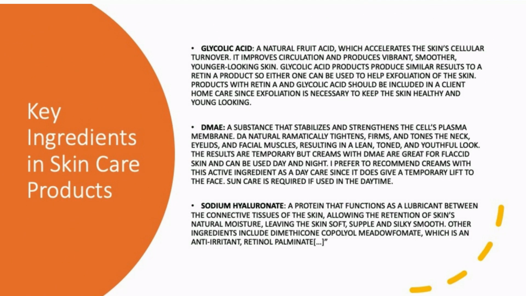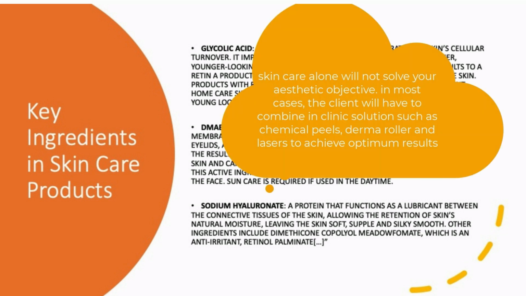The key ingredients discussed so far are the major ingredients used as standalone ingredients or in combination with other key ingredients to create a stellar product which will improve most cosmetic skin problems. I must point out though that skincare product alone cannot solve most aesthetic problems.